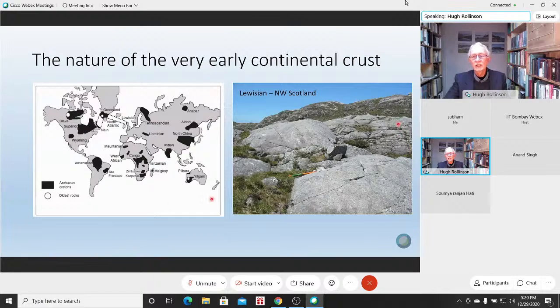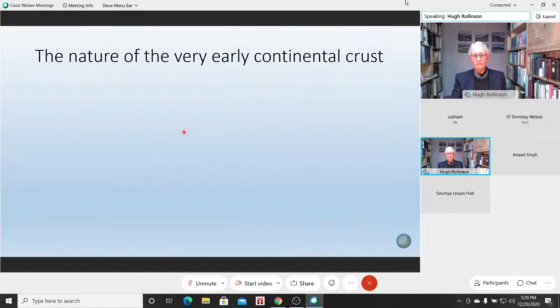Here's an example of a relatively undeformed example in the UK, in the northwest part of Scotland, where we see the rocks, felsic gneisses, forming ancient crust of about 2.7 billion years ago in what we call the Lewisian gneiss complex of northwest Scotland. In fact, a tiny, tiny fraction of the total amount of ancient crust preserved today.